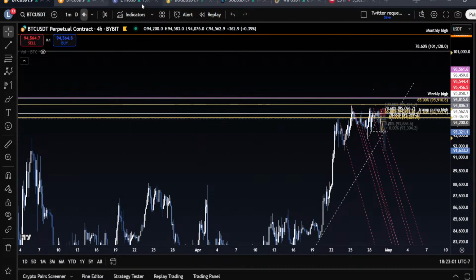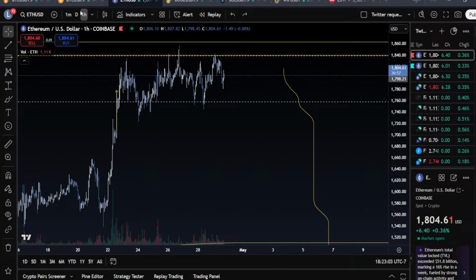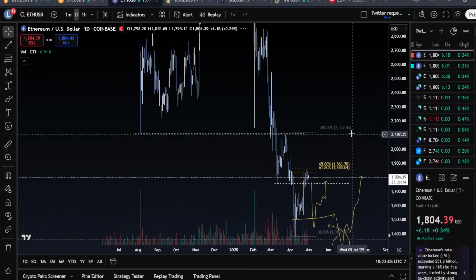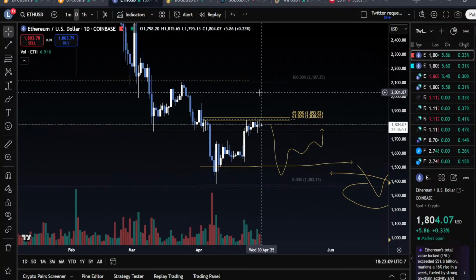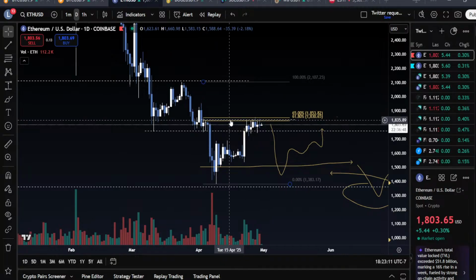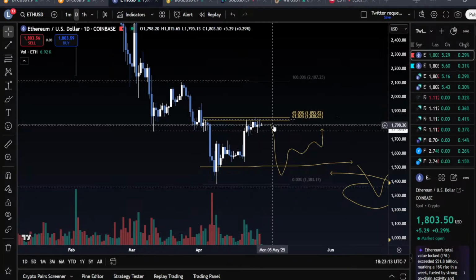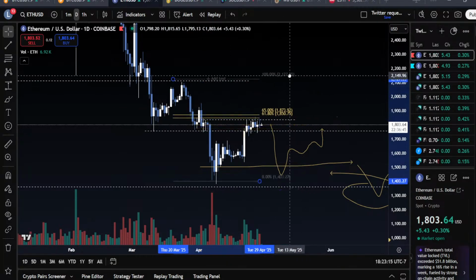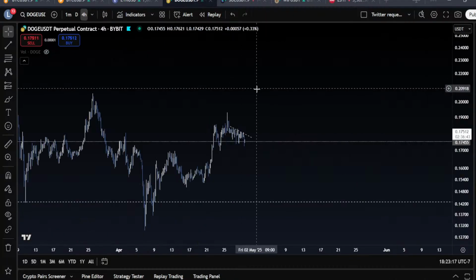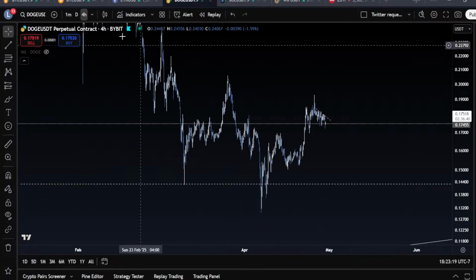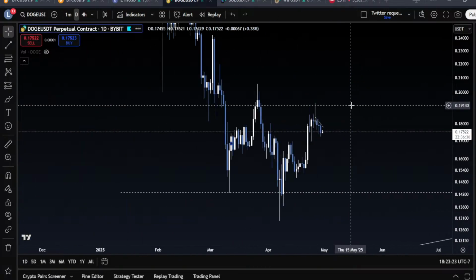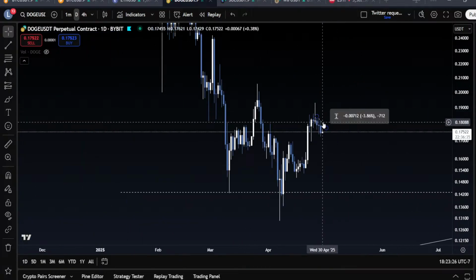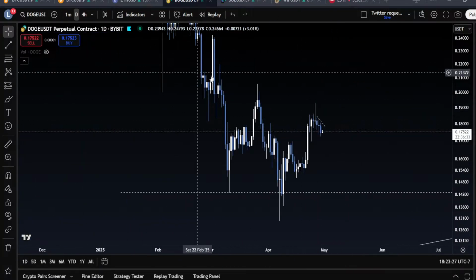We have a little bit of confluence with the fact that ETH is also testing its GP here. Took some highs on the daily chart, multiple rejections. A couple alts like Doge kind of falling into a bit of a downtrend here. Looks pretty weak, frankly.